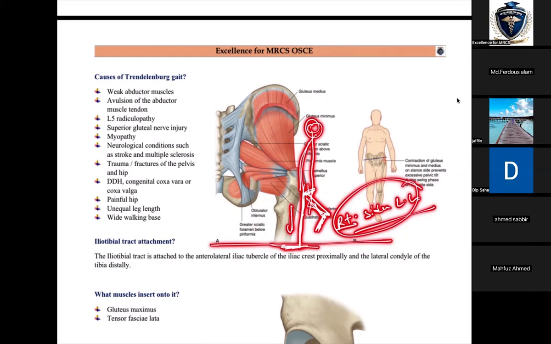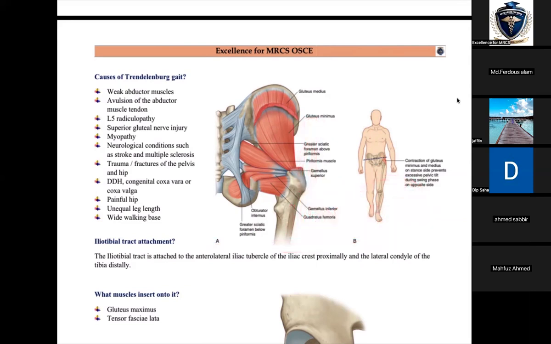So in that condition, as no weight is transmitting to the right side, definitely the right side of the pelvis should be pulled down towards the surface, right? There should be a bending. Like have a look. This is the pelvis. Patient's leg is away from the surface.